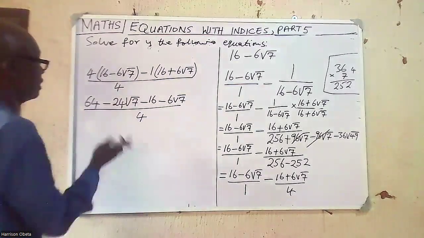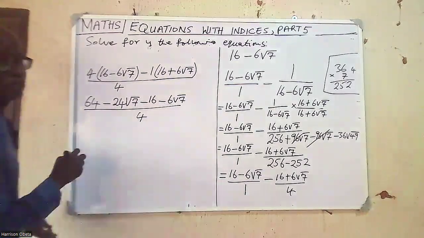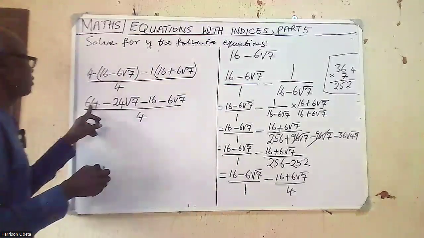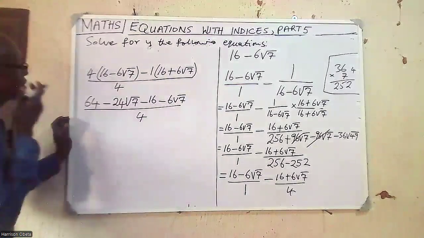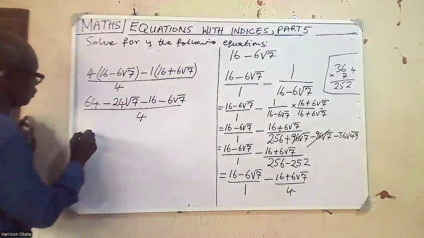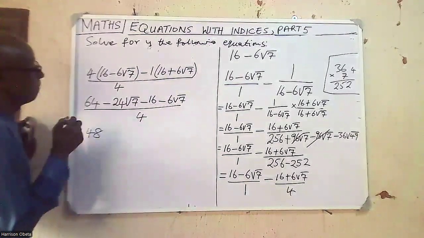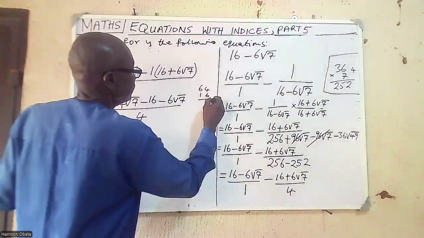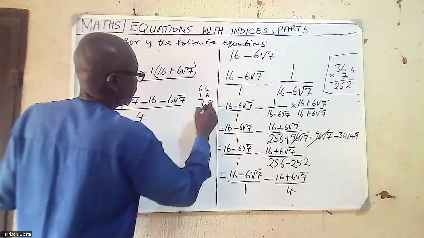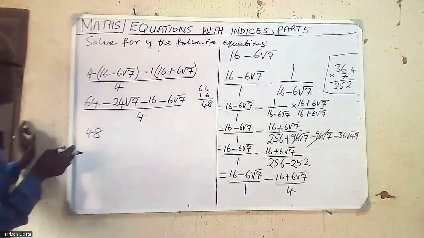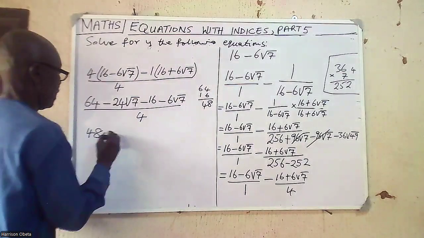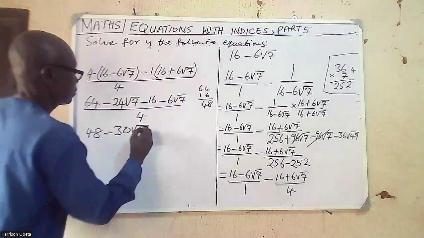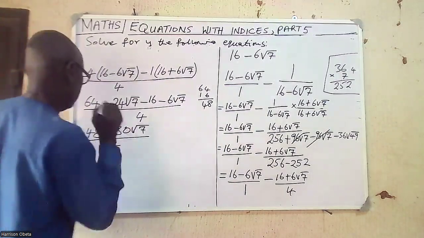Collecting like terms, minus 24 minus 6 gives us minus 30. Then 64 minus 16 will give us 48. So we have 48 minus 30 root 7 all over 4.